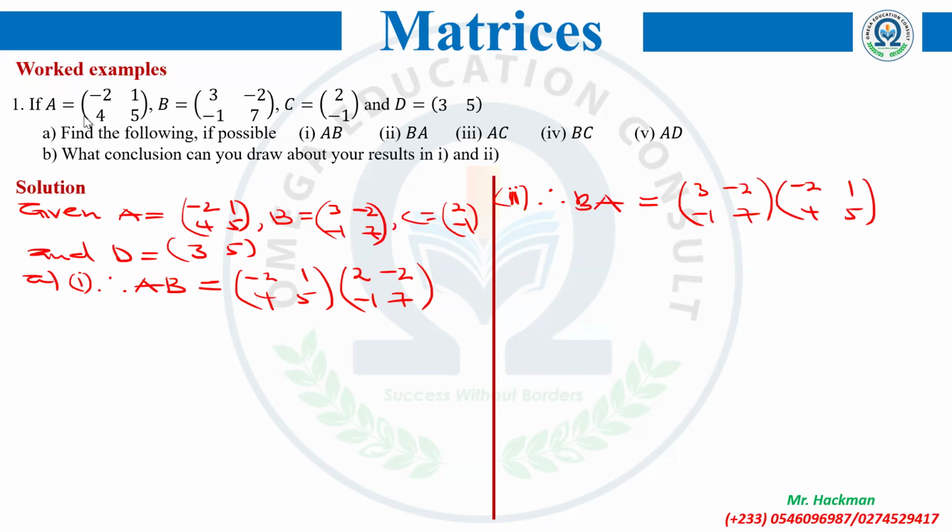Given matrices A and B, find the following if possible: (i) the matrix AB, (ii) the matrix BA, (iii) the matrix AC. (b) What conclusion can you draw about your results in (i) and (ii)?